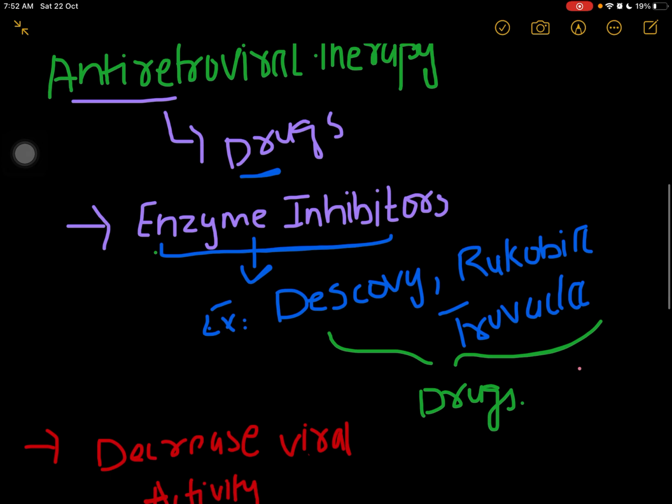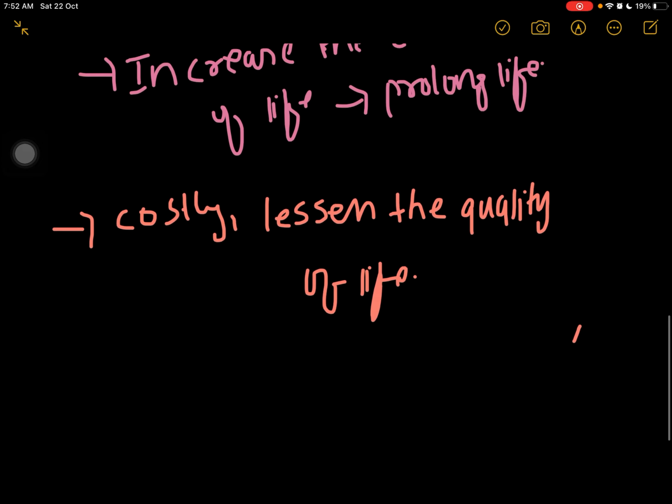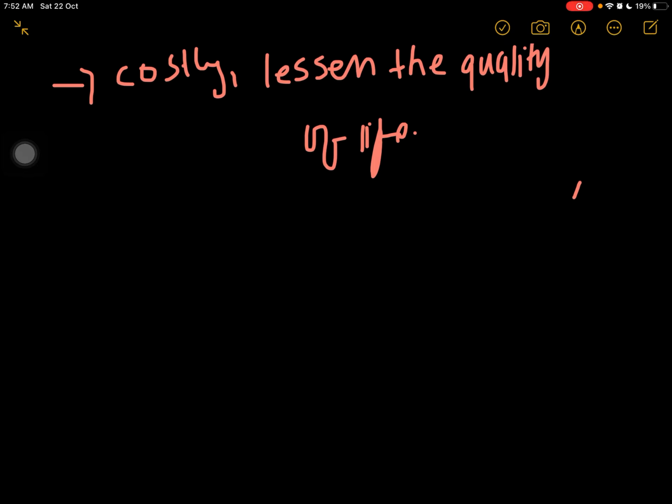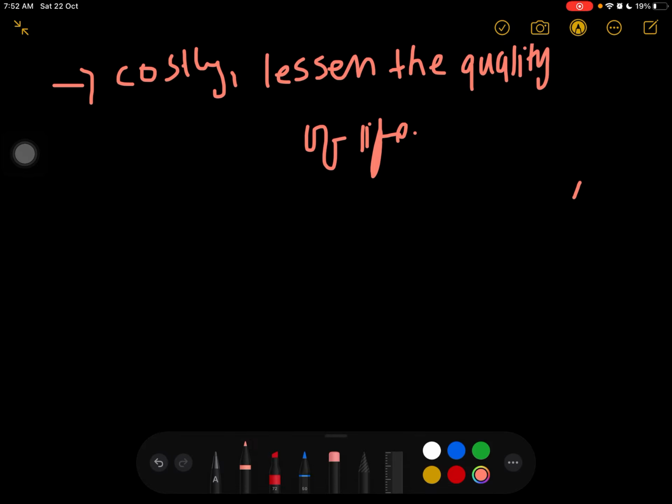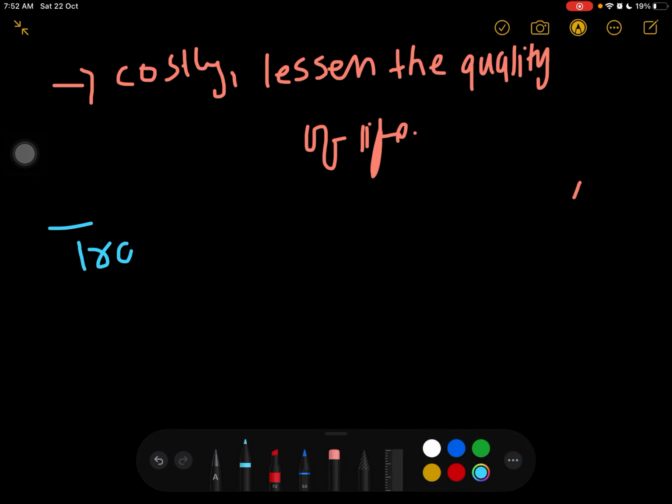It is the production of drugs in which enzyme inhibitors are used, for example Descovy, Rukobia, and Truvada.